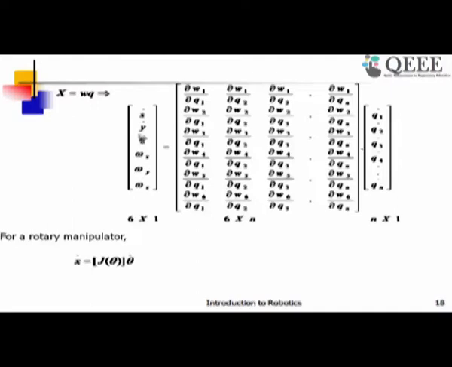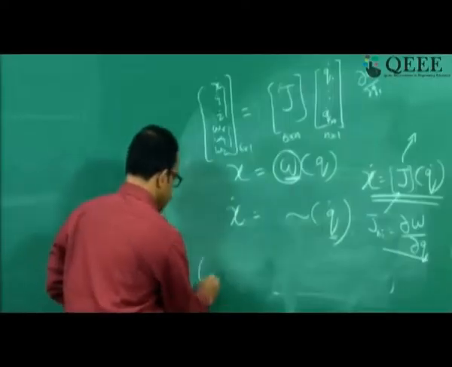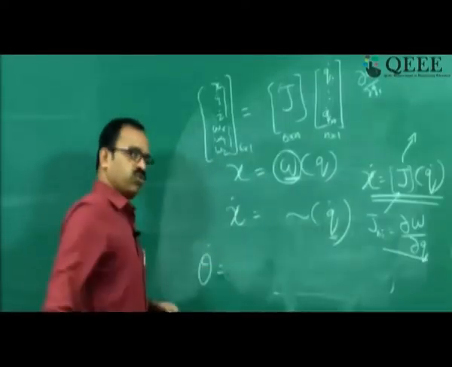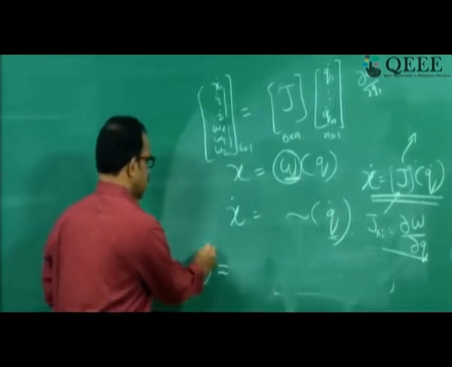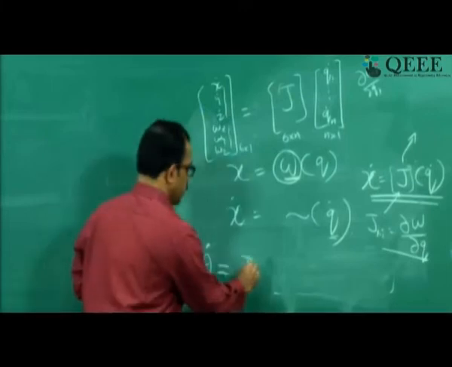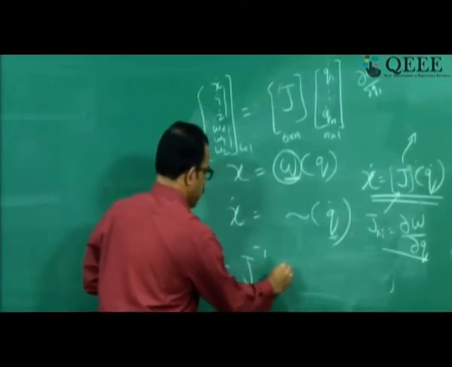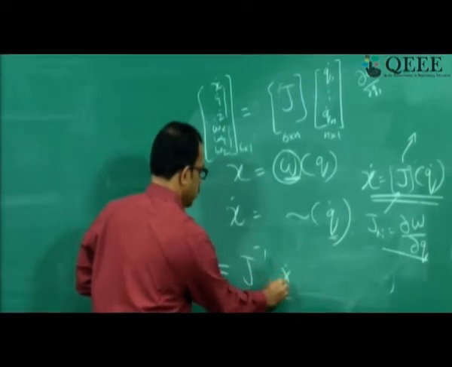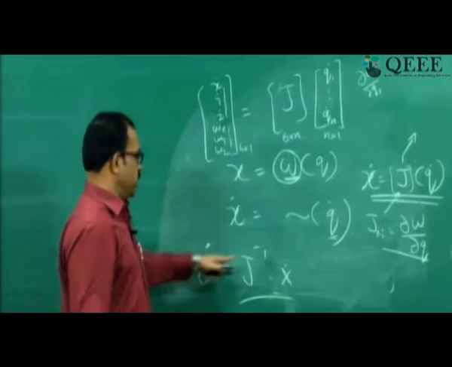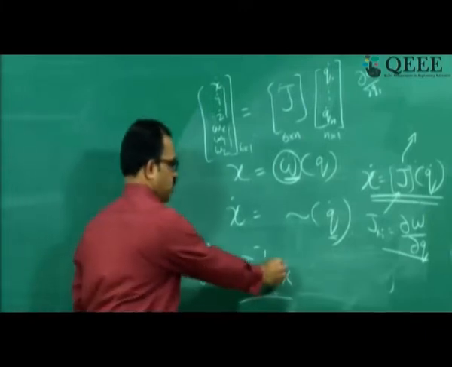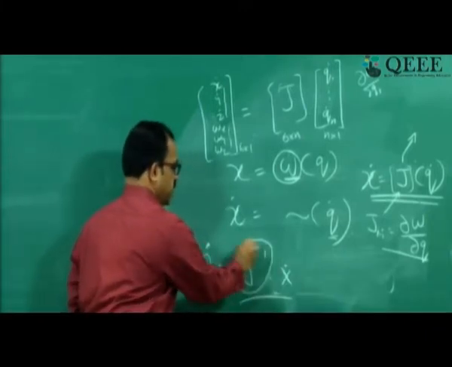In the same way, if you want to get a particular desired x dot and you are interested in finding out the theta dots, we can use the inverse of the Jacobian. J inverse x dot will give you the inverse relationship, which is theta dot is equal to J inverse x dot.